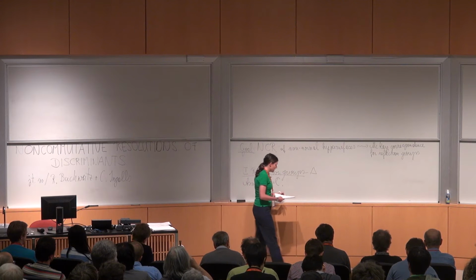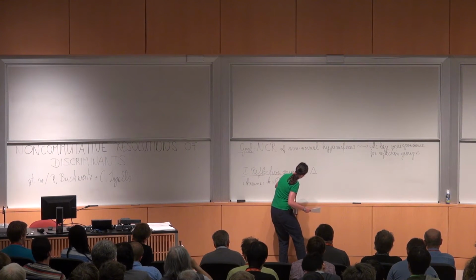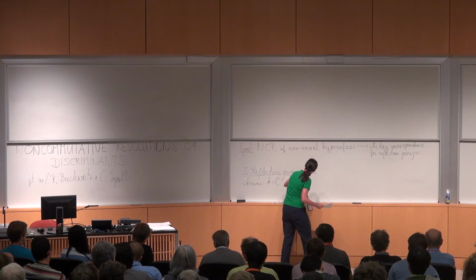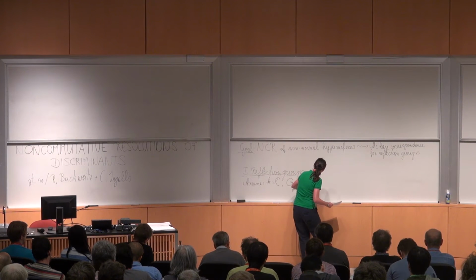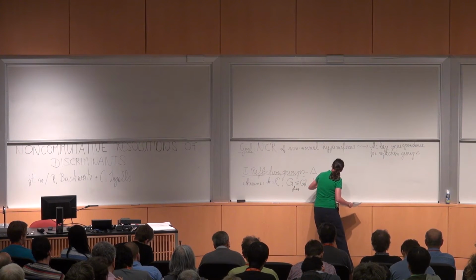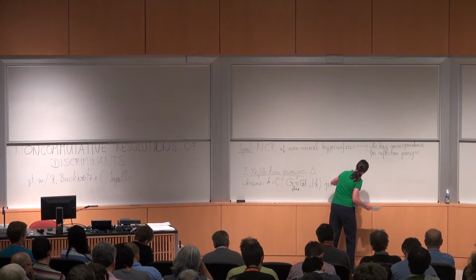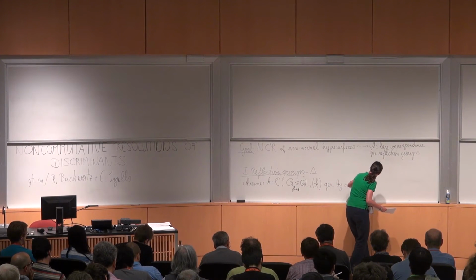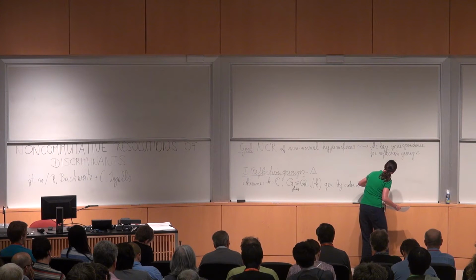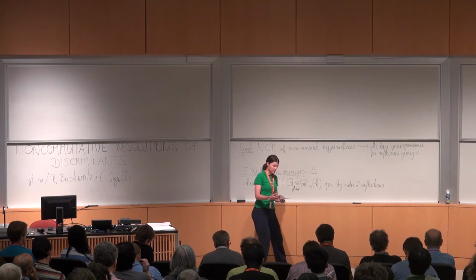We will also consider finite subgroups G in some GL_n(K), generated by order 2 reflections. An example already appeared in Hugh's talk, the Weyl groups, so you can think about these groups.